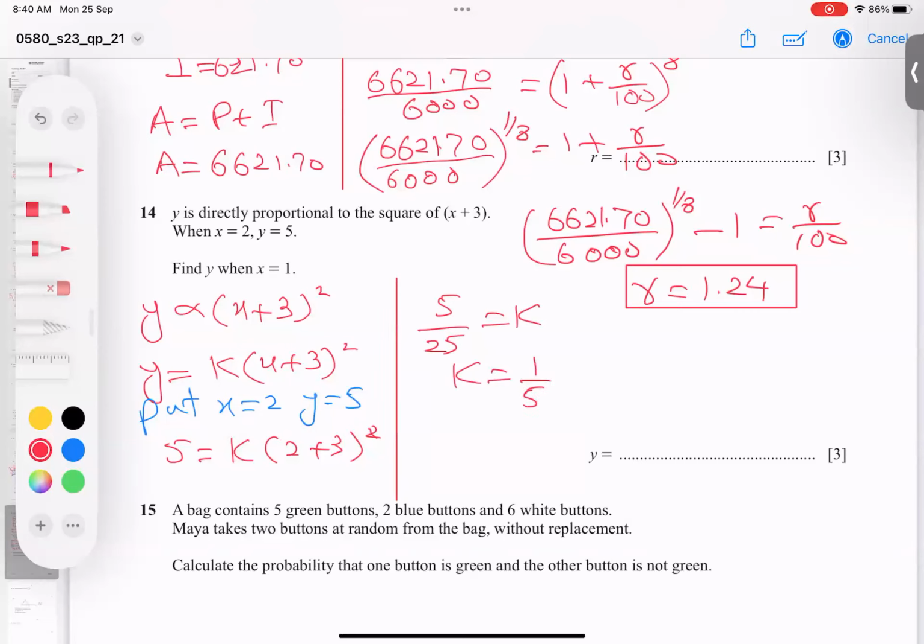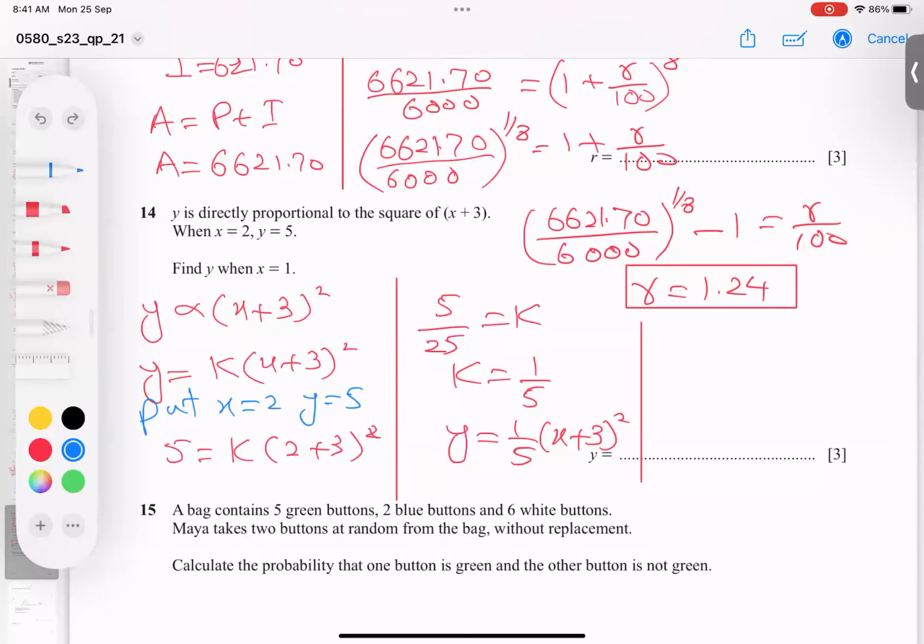So is 1 by 5 the answer? No, not at all. We have to continue. He said that this value I must plug back into the equation. Y is not the final answer. 1 by 5 times X plus 3 whole square. Now he is saying further that you have to plug in X value 1 here and get the final answer.